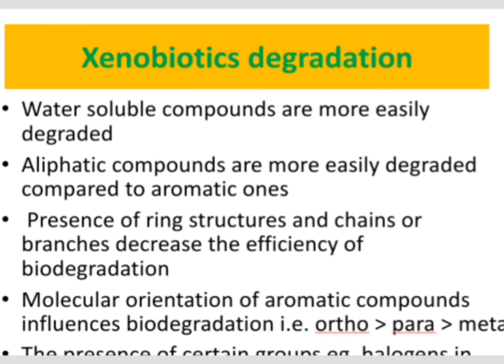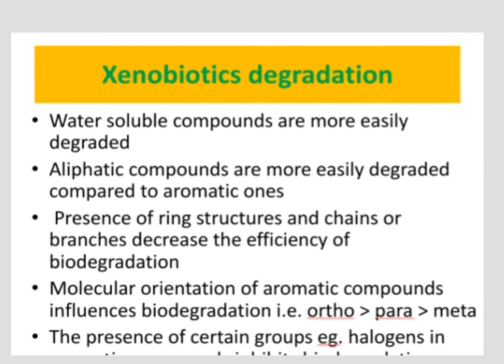Then xenobiotic degradation: we have already mentioned that the chemical nature of the xenobiotic is an important factor. If the xenobiotic is a water soluble compound, it can be easily degraded, and if it is an aliphatic compound, it can be easily degraded compared to an aromatic compound. The presence of ring structures, chains or branches will decrease the efficiency of degradation by microbes.